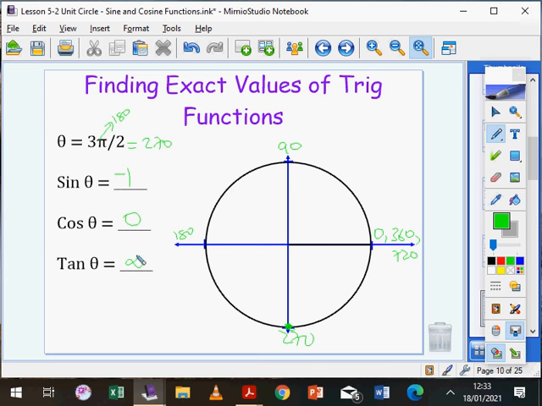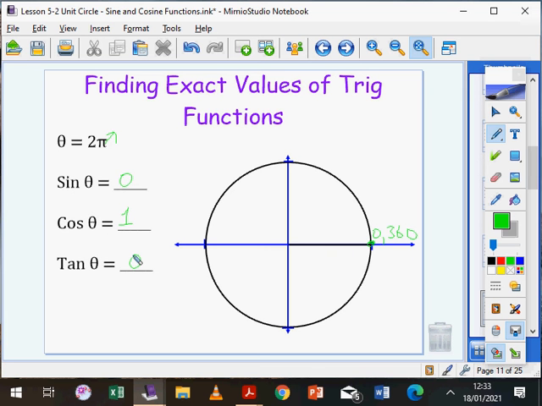What about 2 pi? If in place of pi you put 180, then 2 pi is 360. I hope you can see the x-coordinate is 1, not 0. The y-coordinate is 0, and therefore tan will be sine over cos, which is also 0.